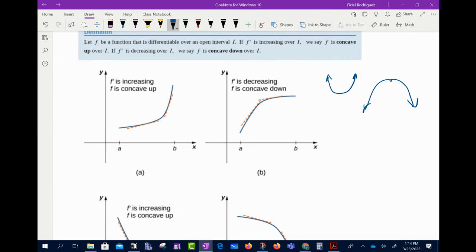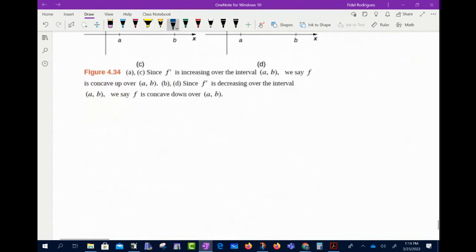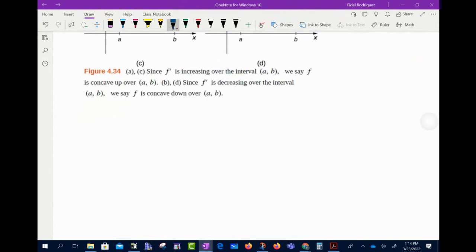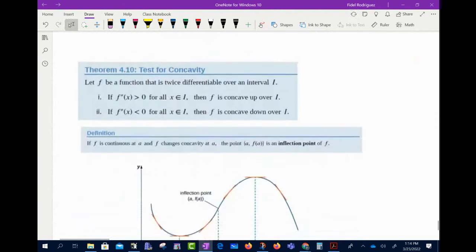Some people say concave up looks like a cup, concave down looks like a frown, okay? We're going to talk a little bit about concavity in a second. It says since f' is increasing over the interval a and b, we say it's concave up, and since the derivative is decreasing, then we can say the function is concave down.